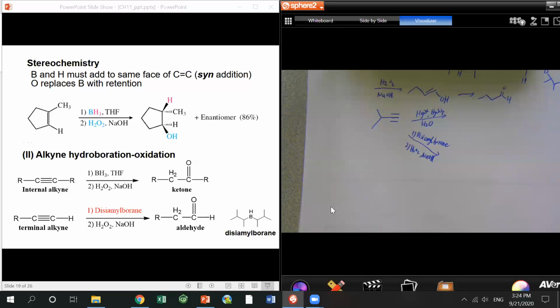All right, keep in mind, the reactions we learned here eventually first convert to an alcohol. If you cannot draw the product, but if you can directly draw the product, that's fine. If you cannot draw it directly, do it stepwise.